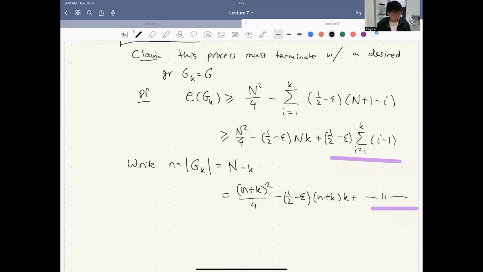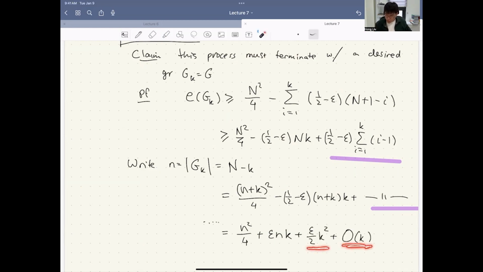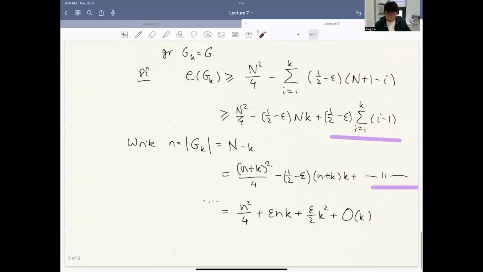After some further calculation, you will get n squared over 4 plus epsilon n K plus epsilon over 2 K squared plus some big O of K term. This is some absolute constant times K, and when K is large, this is a low order term, so you don't have to worry too much. So let's just look at this major term.